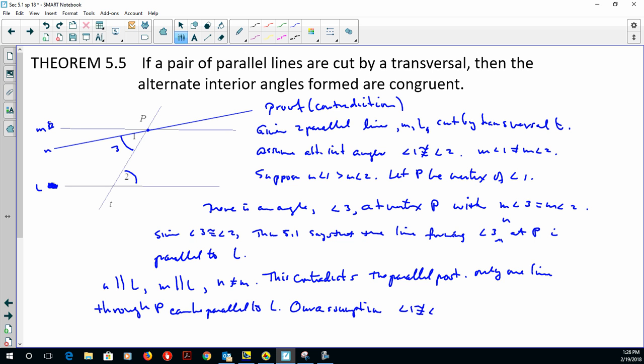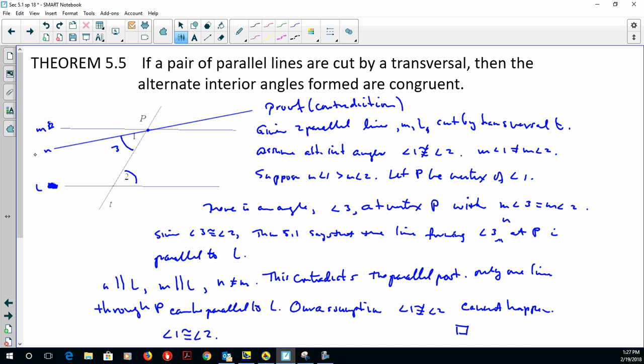Angle 1 must be congruent to angle 2. I'm done here. Alternate interior angles have to be congruent, because if they weren't, I could find another line that gave me congruent alternate interior angles, which means I would have another parallel line, and there's only one.